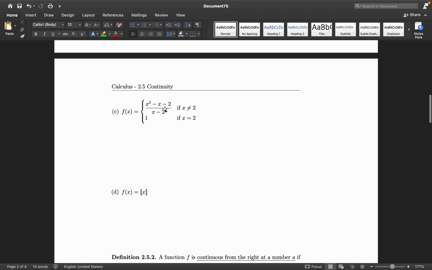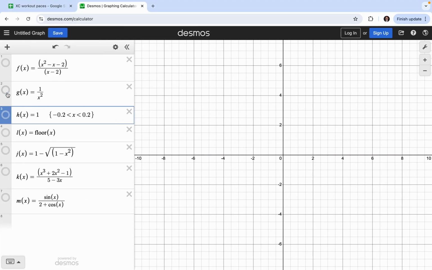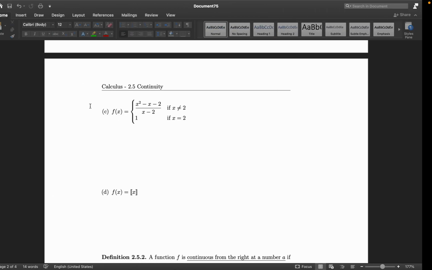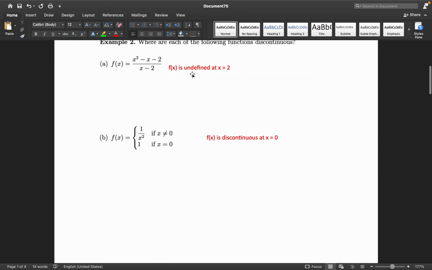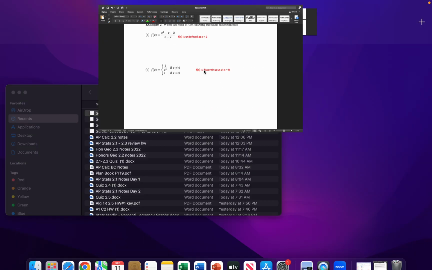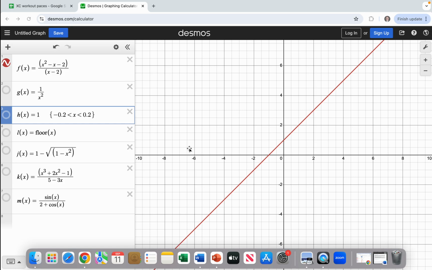Now, if I were to take that first function and say, okay, so let's do a piecewise. This is piecewise. We know that originally it was discontinuous. It's undefined at x equals 2, so there's a discontinuity there. But if I were to say, okay, just ignore the 2, we're going to say that it's equal to 1.